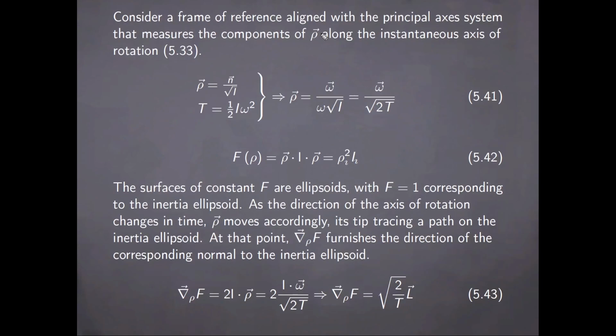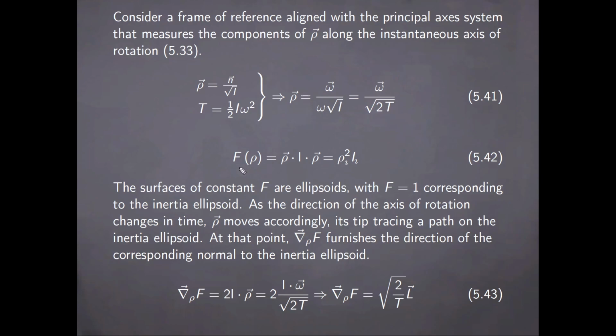Consider then a frame of reference which is aligned with the principal axis system and which measures the components of rho along the instantaneous axis of rotation. So we are interested in equation 5.43, which if we put together with the value of the kinetic energy with respect to rotation about this axis, then it means we can recast the vector rho in these two equivalent forms, which include the angular velocity and either the moment of inertia scalar or the kinetic energy.